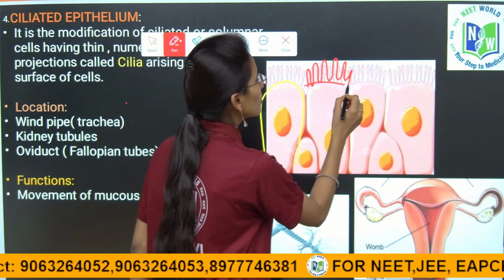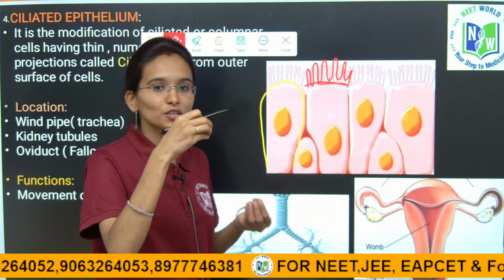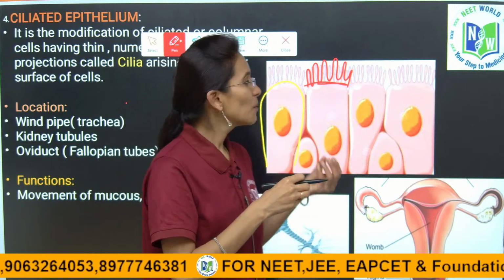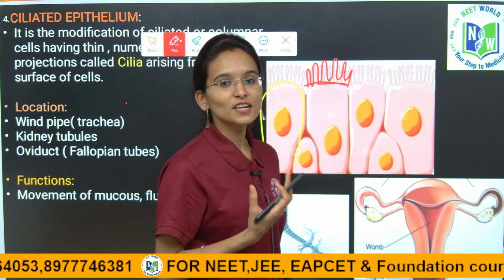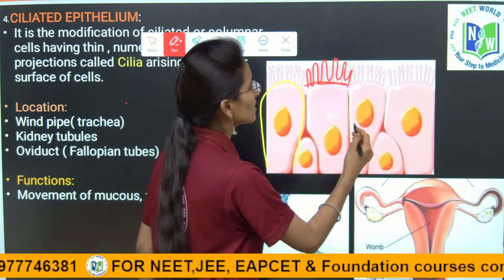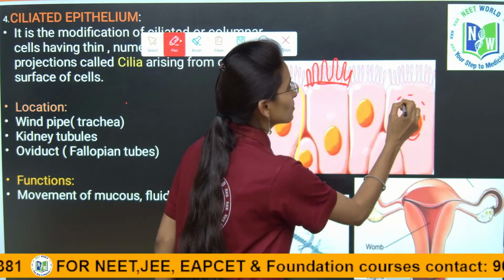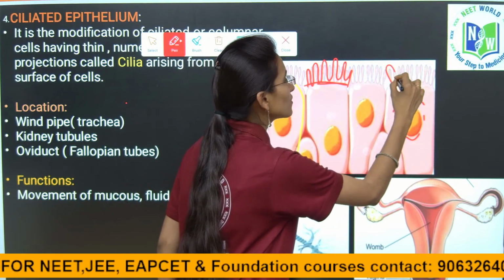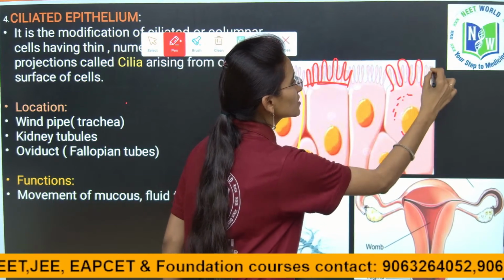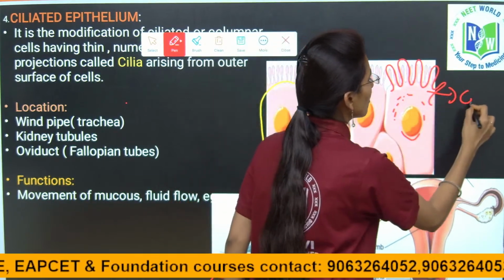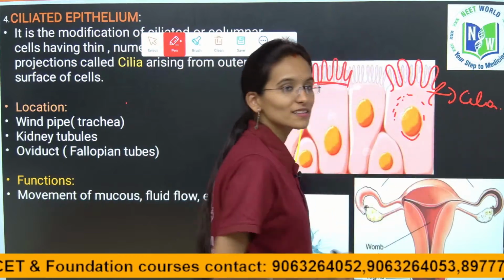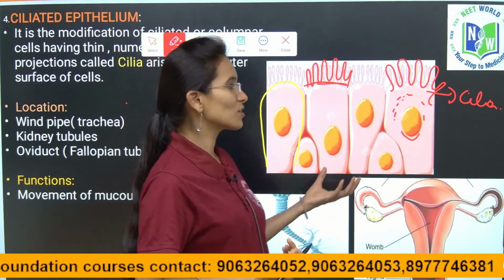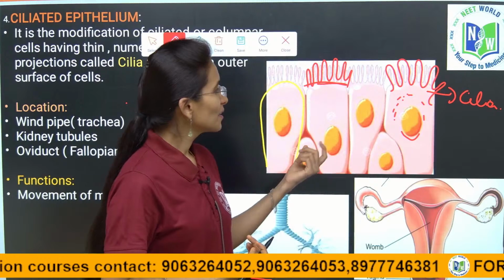These are not parts embedded on the top of the cells, but simple cytoplasmic extensions of the cell. This is the cytoplasm, and it modifies into finger-like projections. They are called cilia because they appear like hair-like structures. That is the reason we call it the ciliated epithelium.